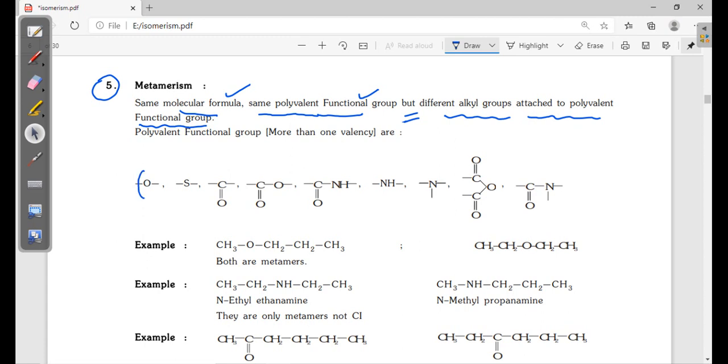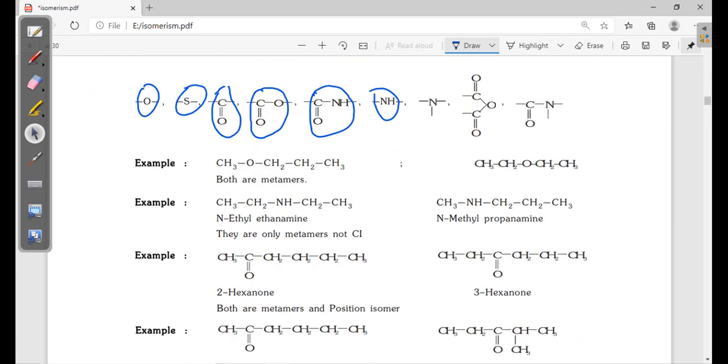It may be ether, sulfur means thioether, ketones, carboxylate or esters, amide, NH, imine. So like this there are. These attached groups, right side and left side attached groups, if they are changed, then those are called metamers.